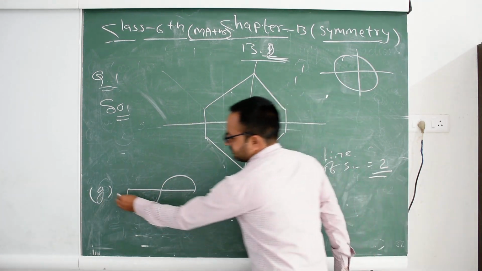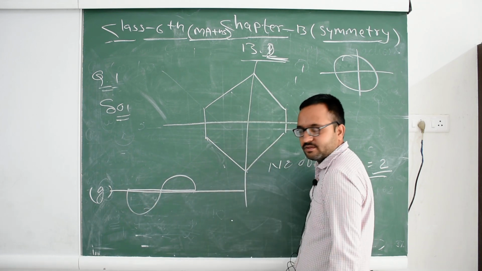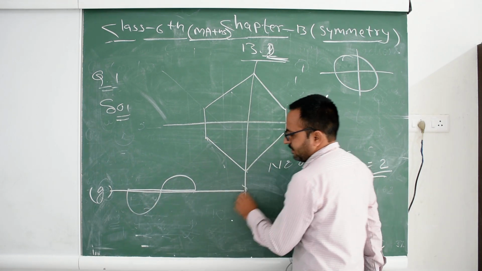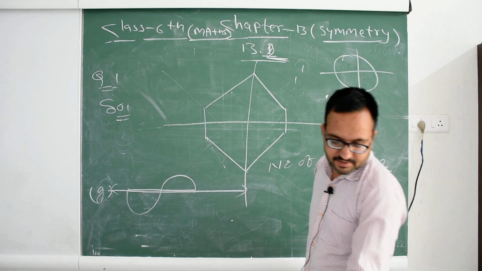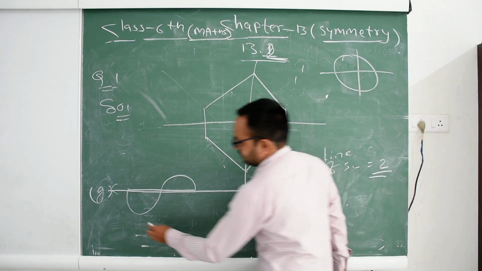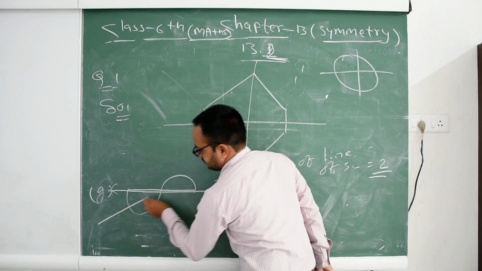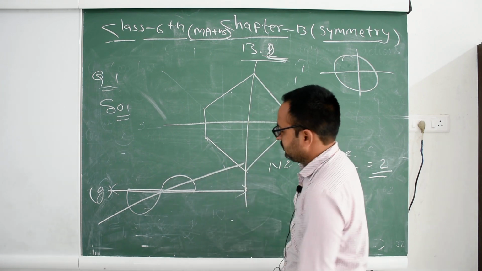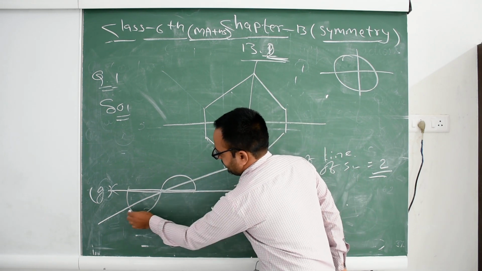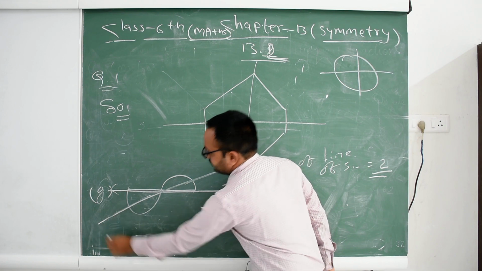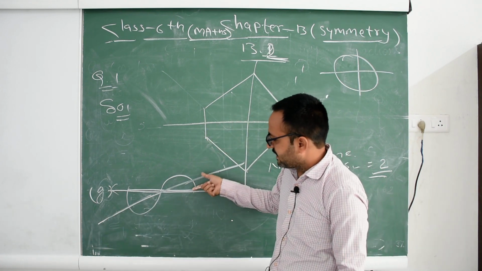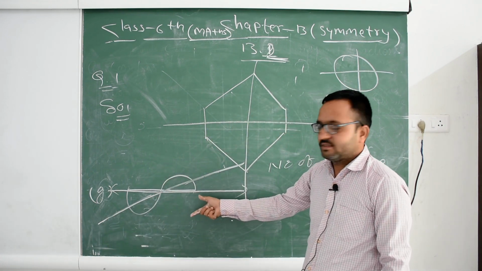Okay, so first this one. Okay, 1 line of symmetry, and here, okay, this is a line of symmetry, because this part and this part are equal in size.